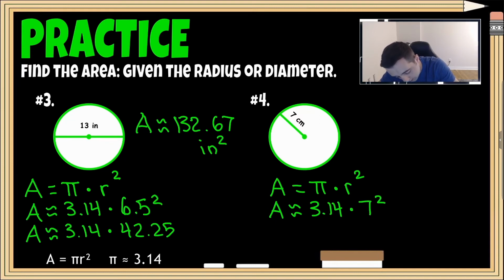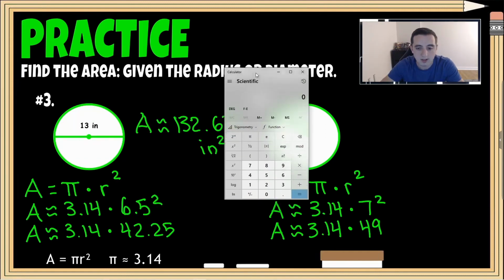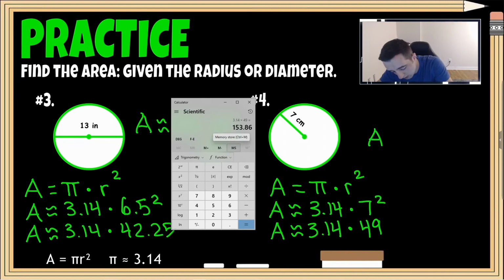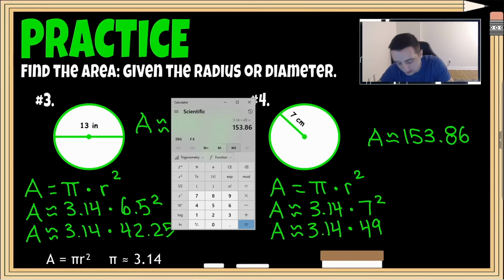Okay, exponent before we multiply, so area is approximately 3.14 times 7 squared, which is 49. And now let's go ahead and multiply. So we have 3.14 times 49, and we get our area to be approximately 153 and 86 hundredths, and we are dealing with centimeters, so we have square centimeters.